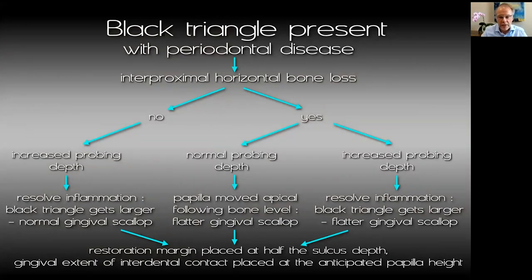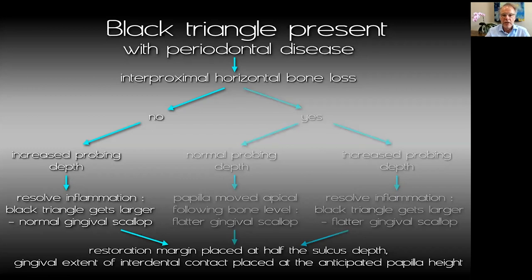So I've made two flow charts looking at when a black triangle is present with periodontal disease. I'll walk through this pretty efficiently. The first branch is no interproximal horizontal bone loss, and the second is yes, there is bone loss. So we have periodontal disease but no interproximal bone loss.